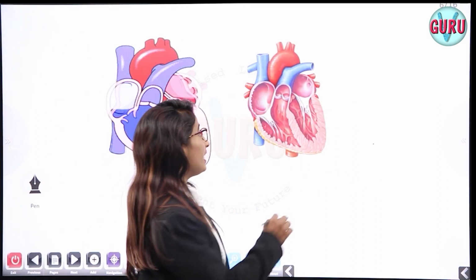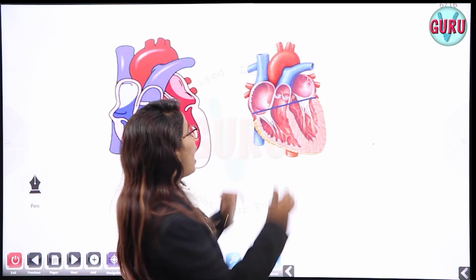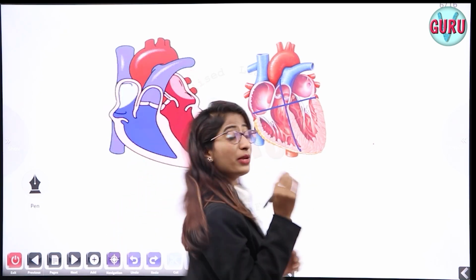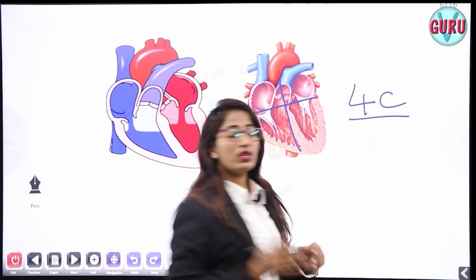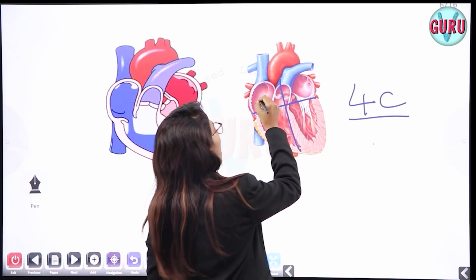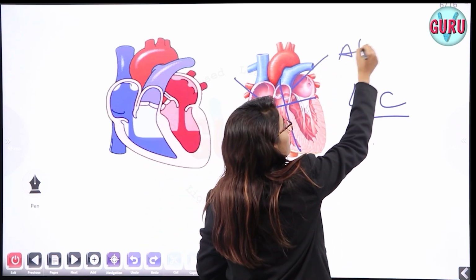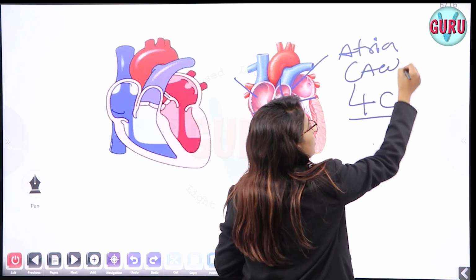Now let's see the internal structure of the heart. So the heart basically has 4 chambers. How many chambers? 4 chambers. So what are these 4 chambers? The upper 2 chambers are called atria.